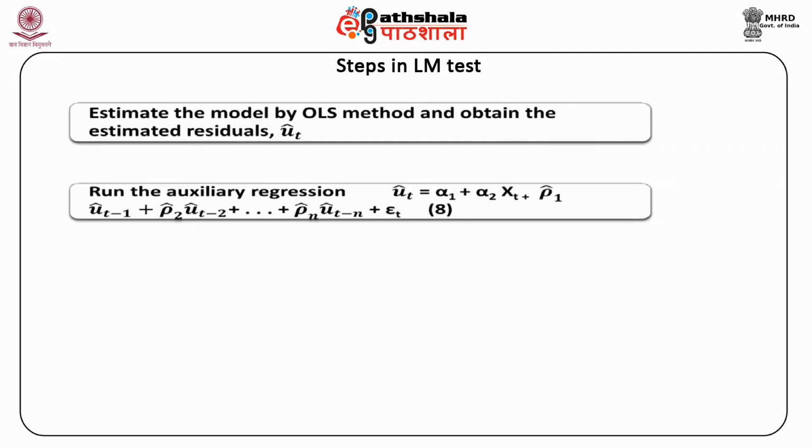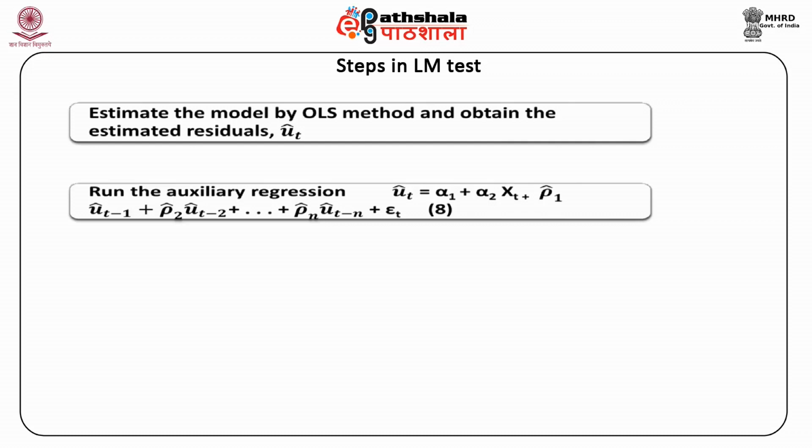We estimate u_t hat equal to alpha_1 plus alpha_2 x_t plus rho_1 hat u_{t-1} hat plus rho_2 hat u_{t-2} hat, so on, plus rho_p hat u_{t-p} hat plus epsilon_t. This is our equation 8.